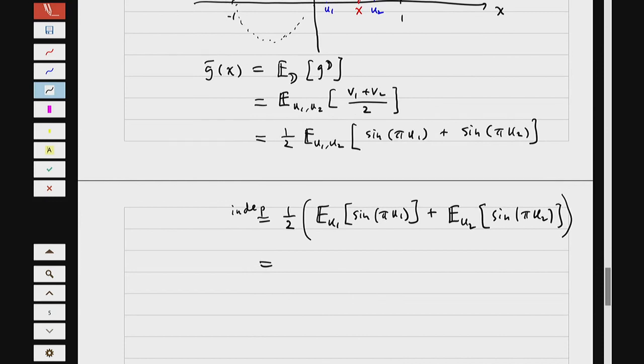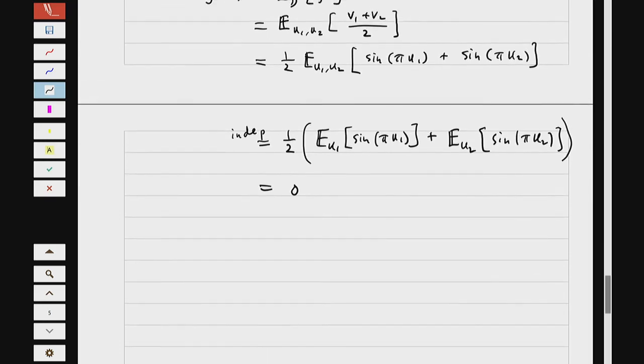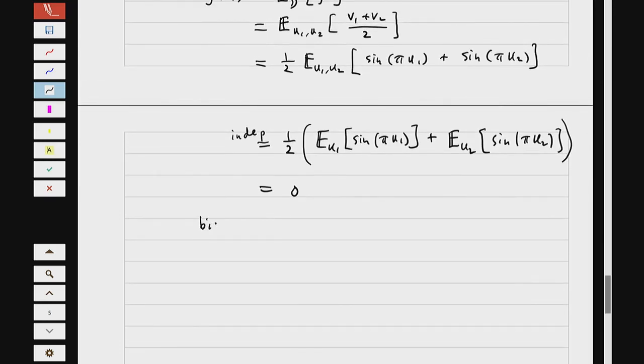So therefore, we clearly see that each one of these expectations is 0, because it's a sine. If you write out the integration just like what we have seen before, you are just integrating an anti-symmetric function between -1 and 1, so they all go to 0 no matter what. So this is 0. Turns out that the average hypothesis is still 0. So therefore, the bias is still the same.